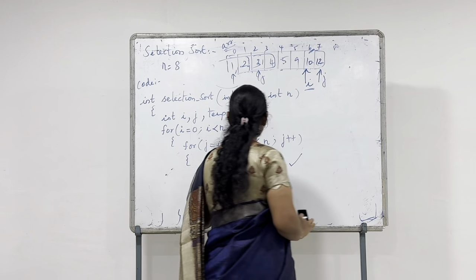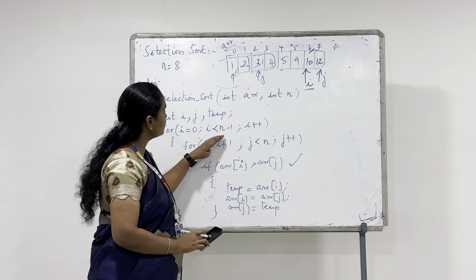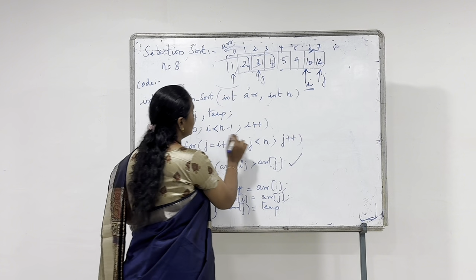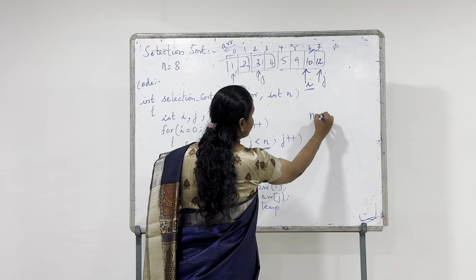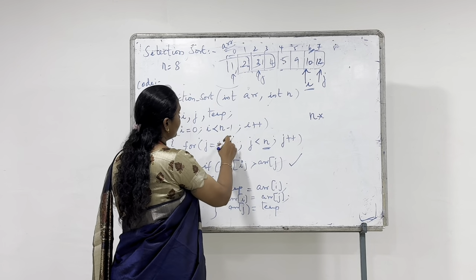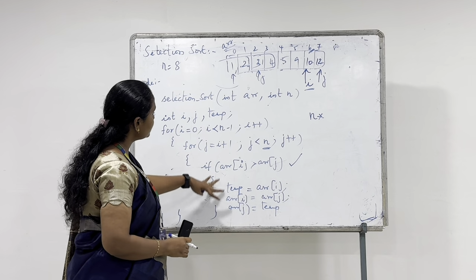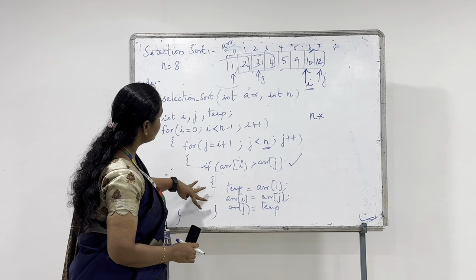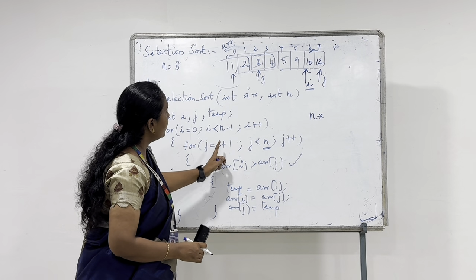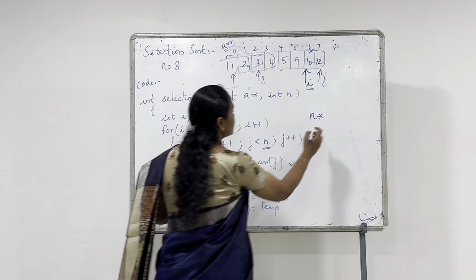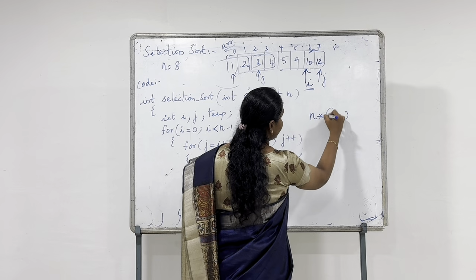The running time of this program is: this loop takes n time to run, and this is the basic operation here. And this loop will take n minus 1 time to run.